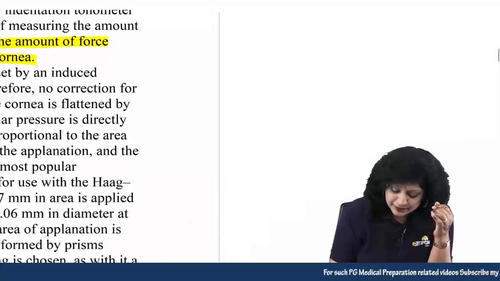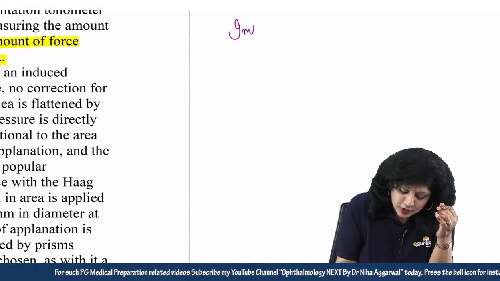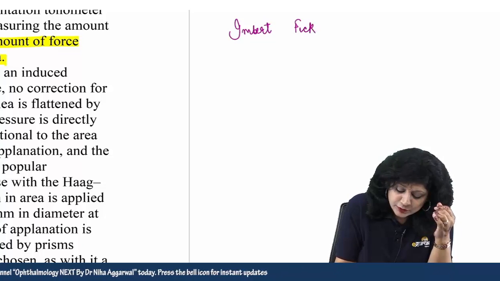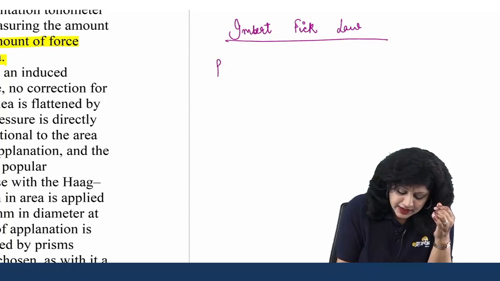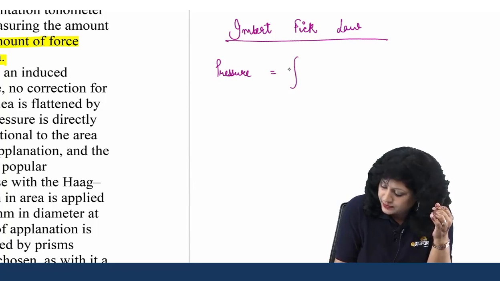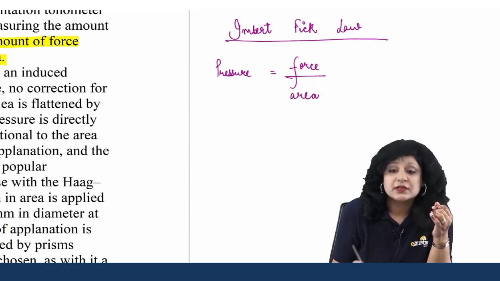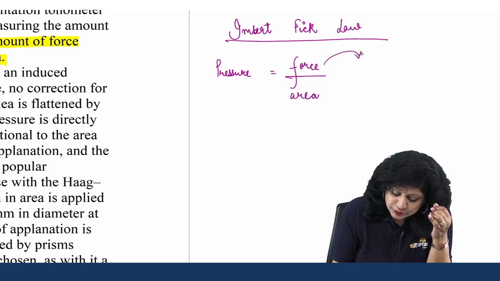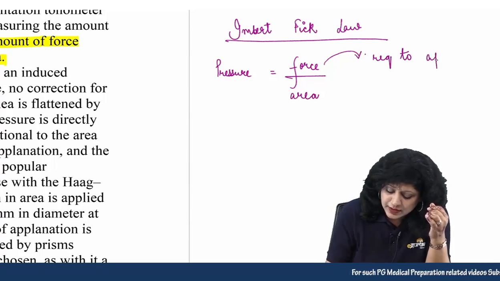Now, the Imbert-Fick law says that pressure is equal to force upon area. Pressure is equal to force upon area. So what is the amount of force which is required to applanate?